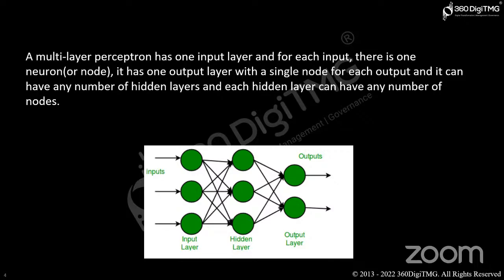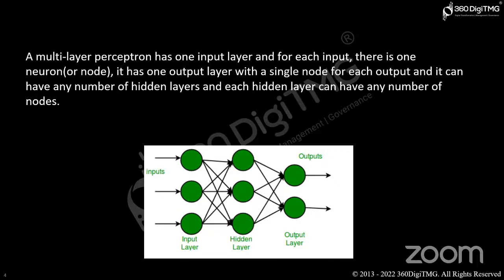Initially, the data points from our data set are passed to the inputs, which are connected to the hidden layer. Then it will give the output, and the weights will be adjusted.